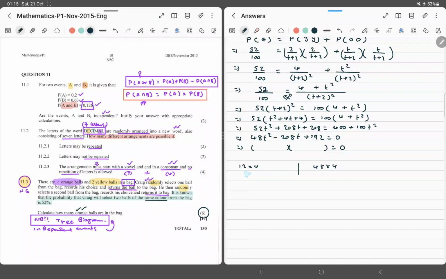So when you say 12 times 4 here, if we're multiplying this and that, we get 48, plus, now we've got here 48 into 4 gives us 240, so it doesn't give us the middle term. So we get minus 240. So these ones are not going to work.